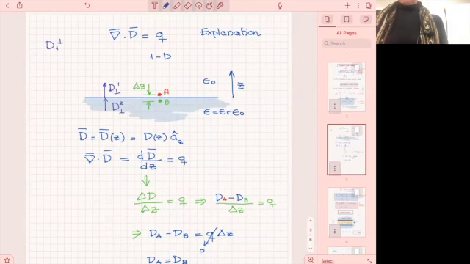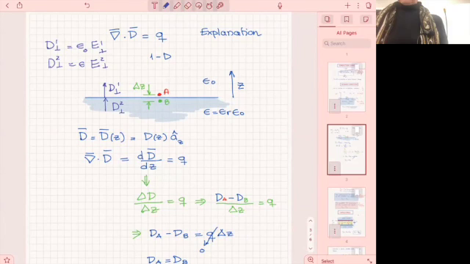D1 perpendicular is going to be epsilon naught in free space, E1 perpendicular. D2 perpendicular is epsilon E2 perpendicular.